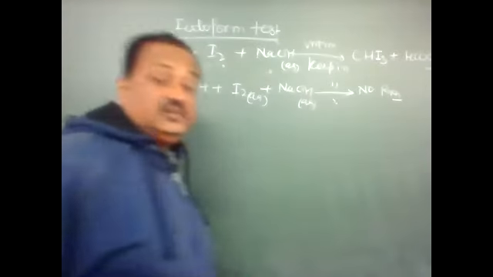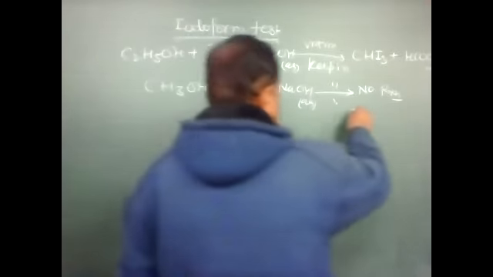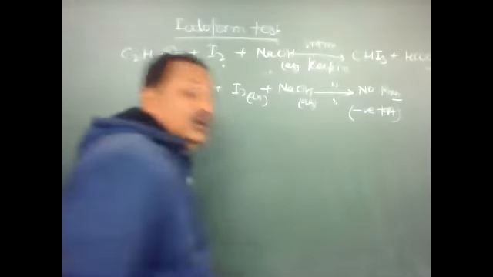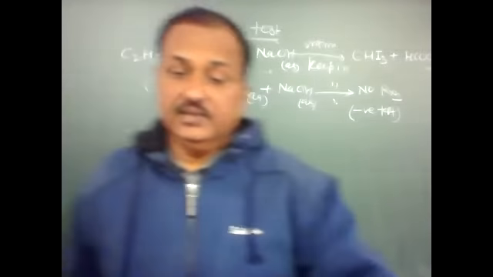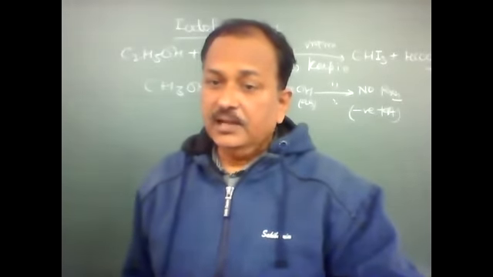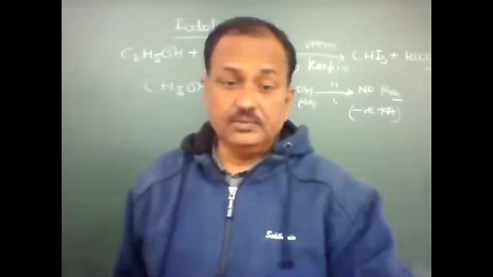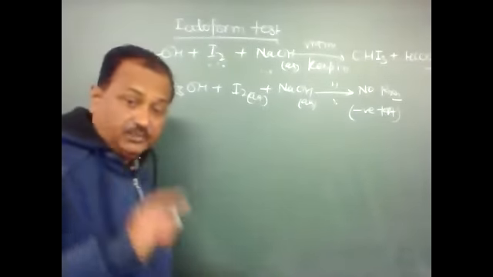There will be no reaction, no iodoform, no yellow precipitate. So this is a negative test. Methanol will not be able to respond to this reaction, so it is very important to know. This is the second point.